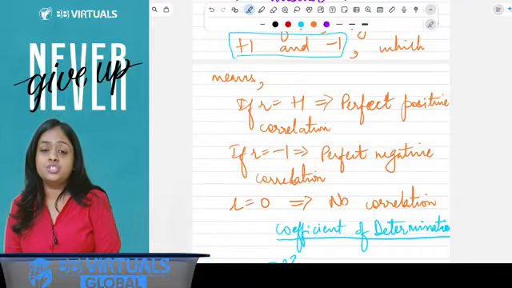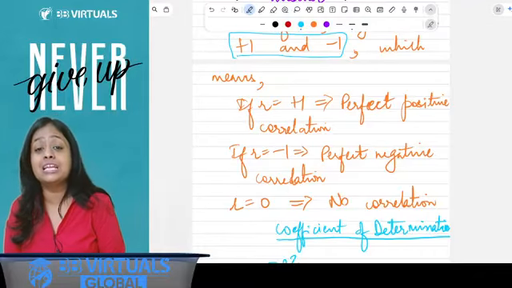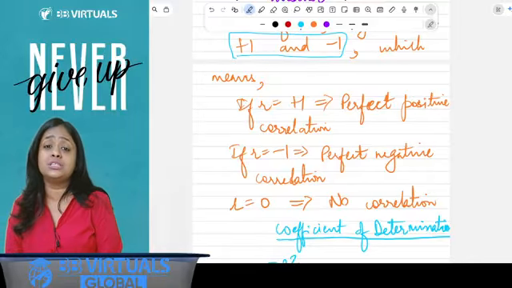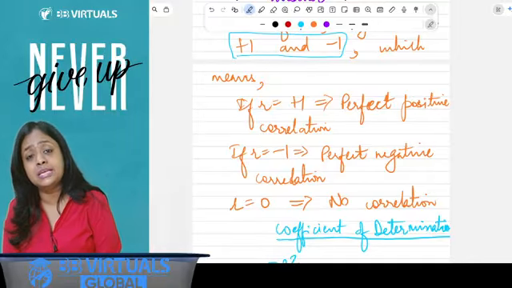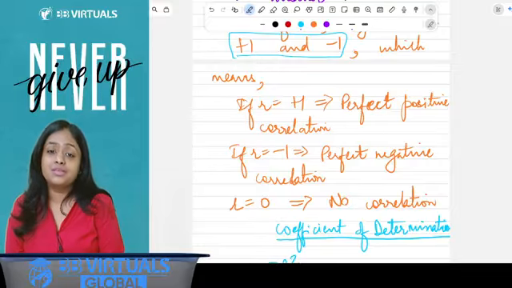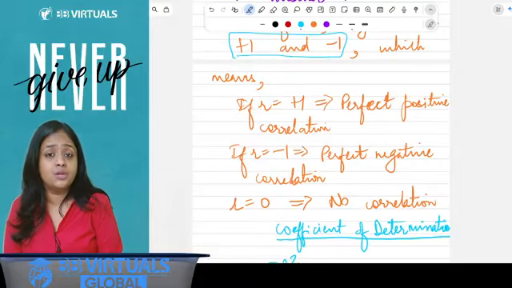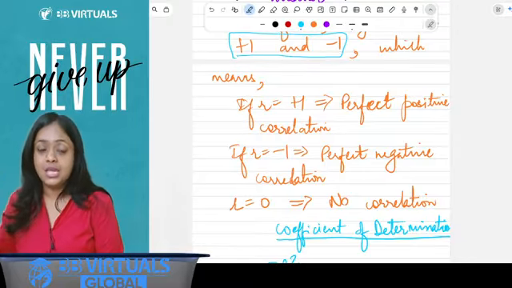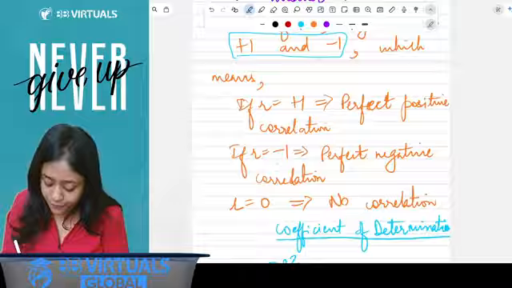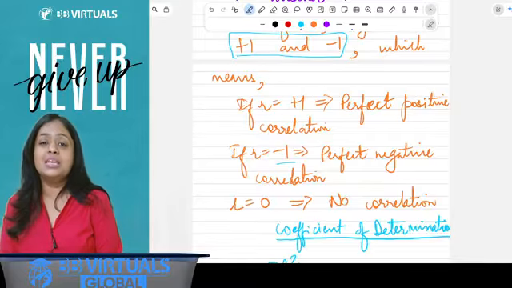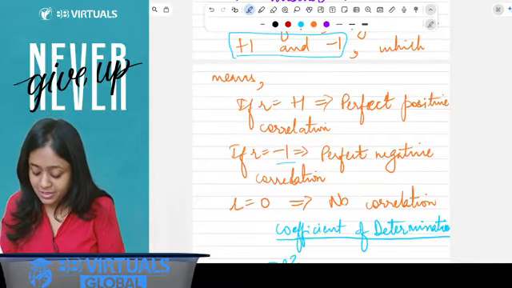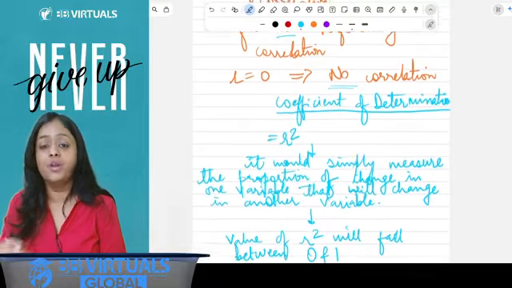It means a change in one variable is bringing exactly the same change in the other variable, in the same direction. When it brings the same change but in the opposite direction, then r is perfectly -1. r equal to 0 means there is no correlation at all.